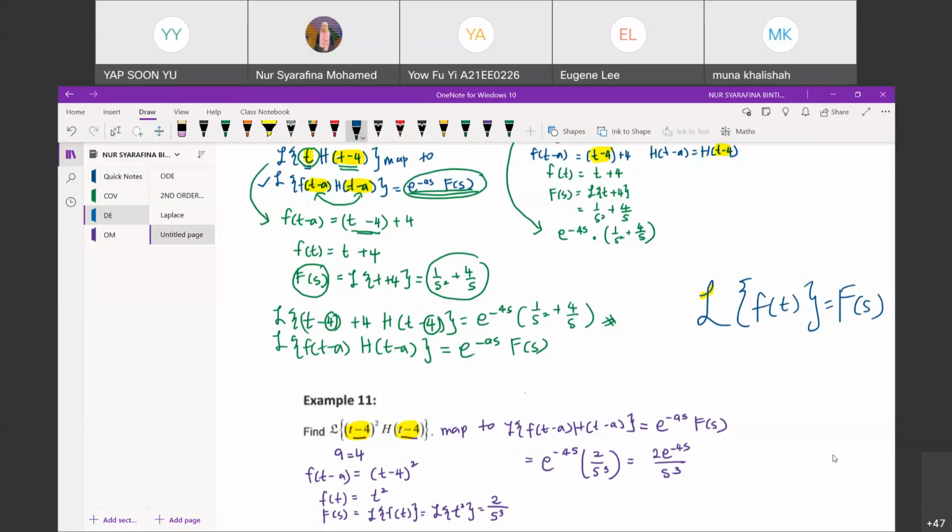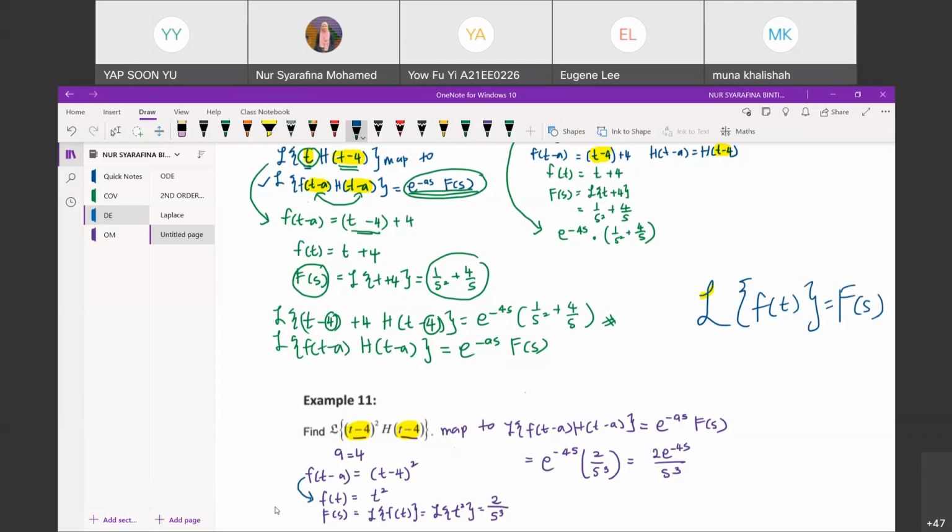Then in the formula of the second shifting, it becomes f(t). So are these two t variables the same? Okay, you mean why you need to change this from f(t minus a) to f(t)? Because the t minus a and t, they are equal, right? And why does the variable also not change, also the same t?